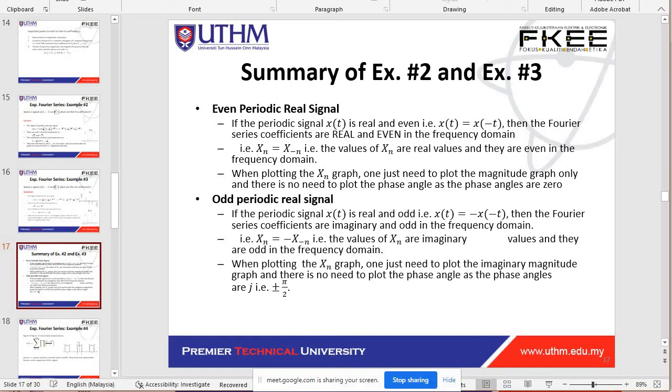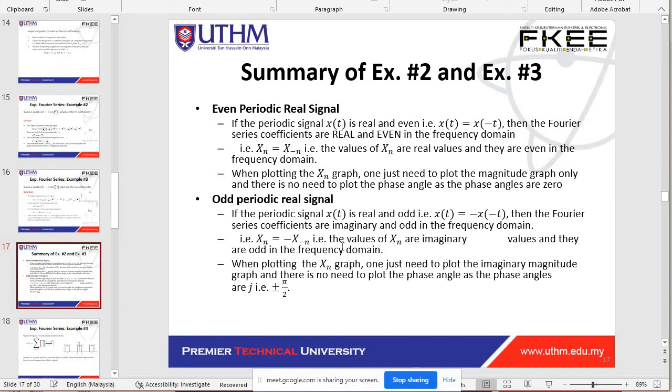Now for the odd periodic real signal. If the periodic signal is real and odd, then the Fourier series coefficients are imaginary and odd in the frequency domain. This means, for example, that X_n equals negative X_negative n, and the values of X_n are imaginary and odd in the frequency domain.